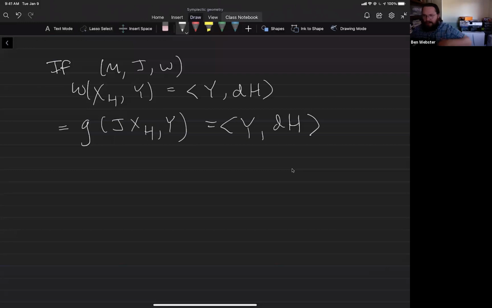And the vector field that satisfies this property has a special name in Riemannian geometry. It's the gradient. So J X_H equals the gradient of H with respect to the Kähler metric.